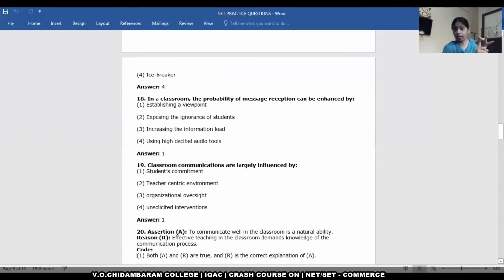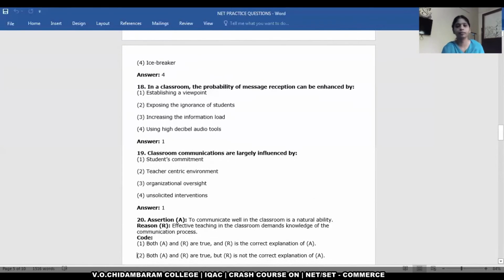No. Using high decibel audio tools? Of course, you all know what will happen. So just eliminate the negative options. Establishing a viewpoint, of course, giving a point of view will enhance the message reception. If a teacher just gives her or his view, the message reception will naturally be enhanced. So the answer is the first option.